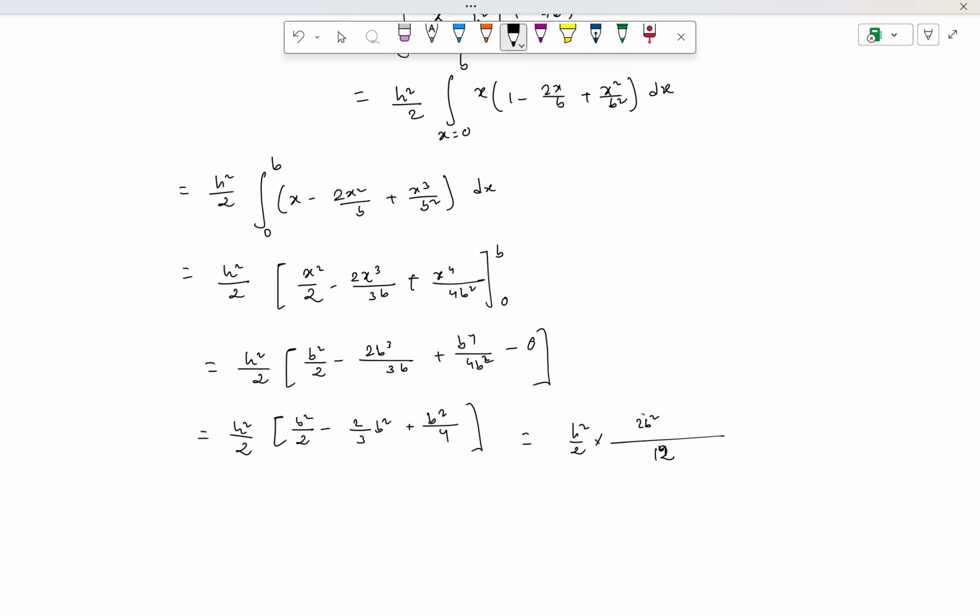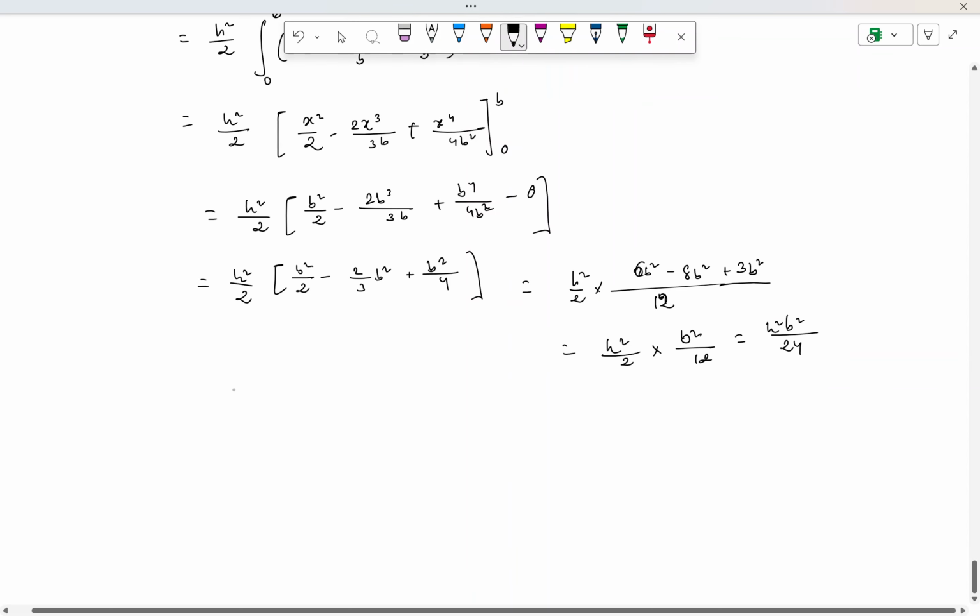So this is h squared by b squared by 24.